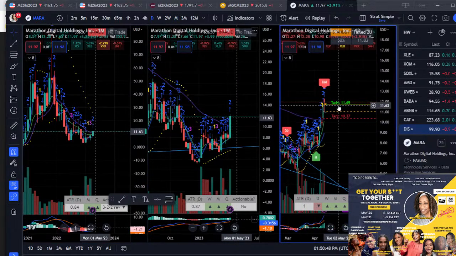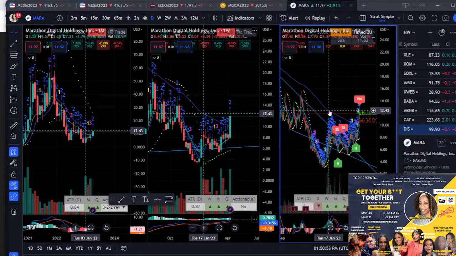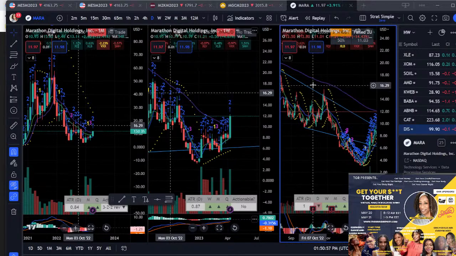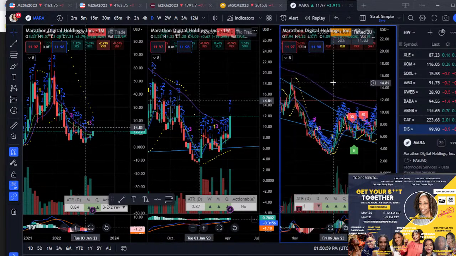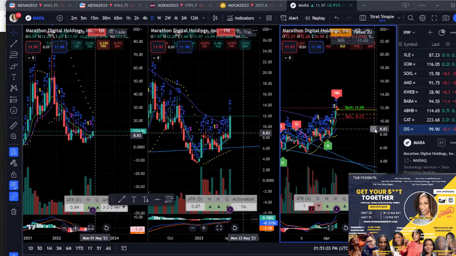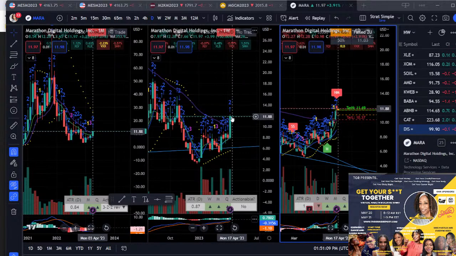So it would be nice if this maybe has some corrective activity down to it, found some support, and then keep going. There probably are gaps, but you see it broke out of that wedge that it was doing. So yeah, cool. And you should definitely keep your eye on them because they are booming.